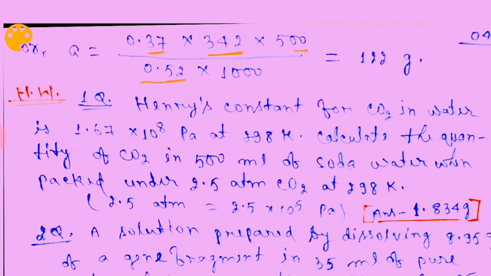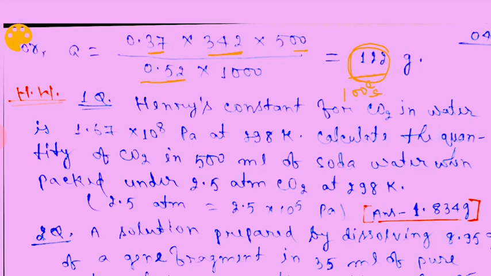If you solve it, it will be equal to 122 gram. So mass of sucrose that should be dissolved in 500 ml of water to increase the boiling point by 0.37 degrees Celsius, means now the boiling point of solution will be 100 degree Celsius.